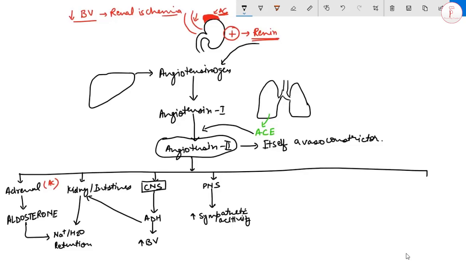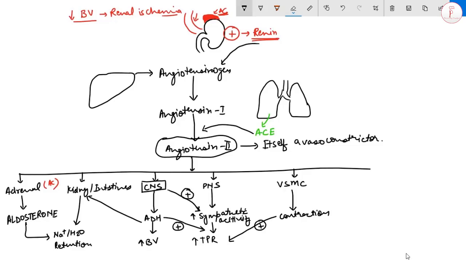In the peripheral nervous system, there is increased sympathetic activity, that means increased release of noradrenaline, that will bring about an increase in the total peripheral resistance. ADH also increases total peripheral resistance, and CNS also increases sympathetic activity. So several factors are pouring in for increasing the blood volume. On the vascular smooth muscle cells, there is contraction, and this leads to increased total peripheral resistance.